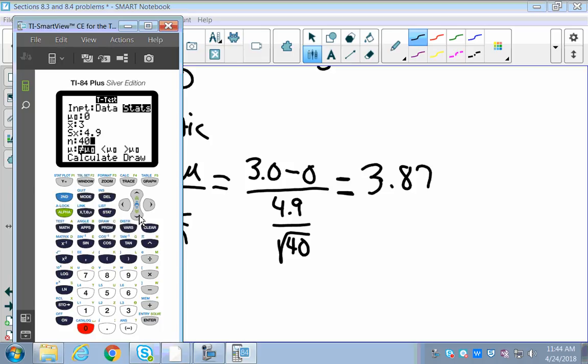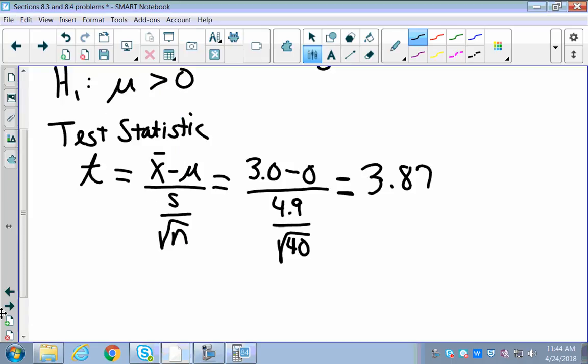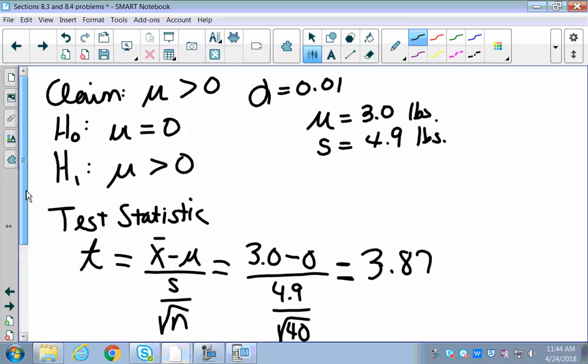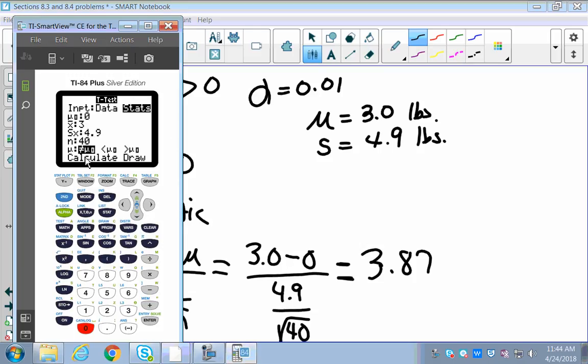Is this a one-tailed or a two-tailed test? It is a one-tailed test, isn't it? And the test, I'm going to go back to what it says. It's that mu is greater than 0, correct? So on my calculator, I have to indicate that. Mu is what? Greater. So I'm going to cursor down and go over to greater than.